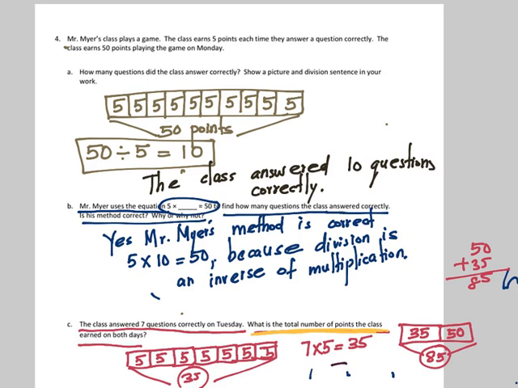And then we write the answer, just restating it: the total number of points the class earned on both days is 85. Period. Okay.